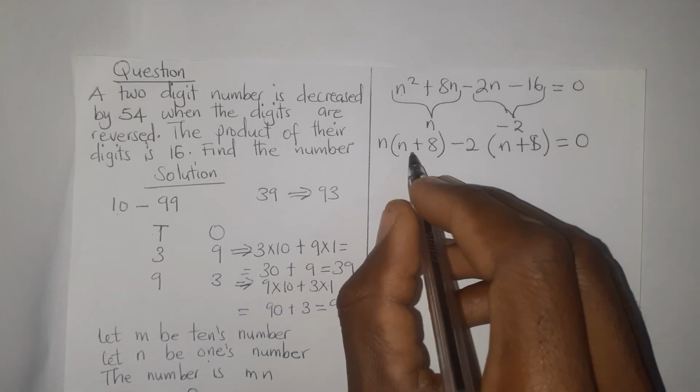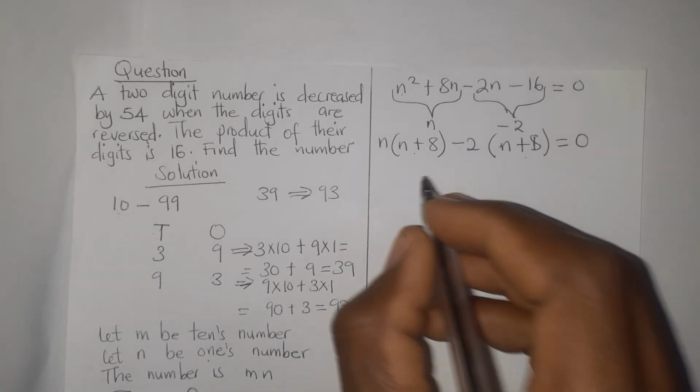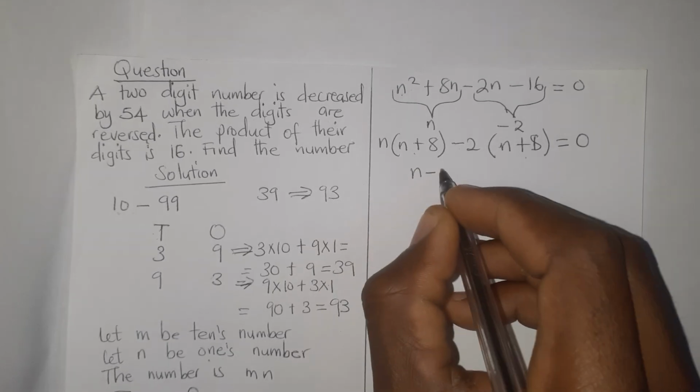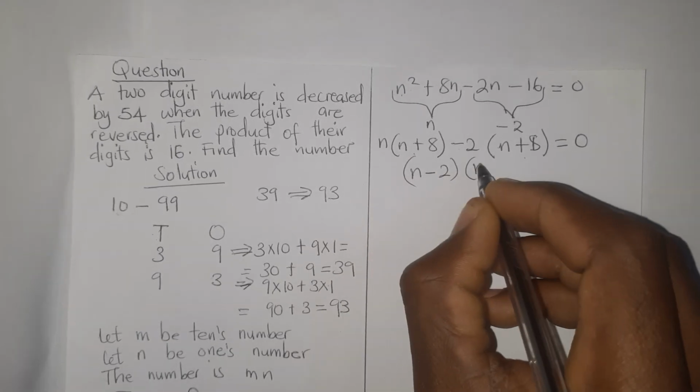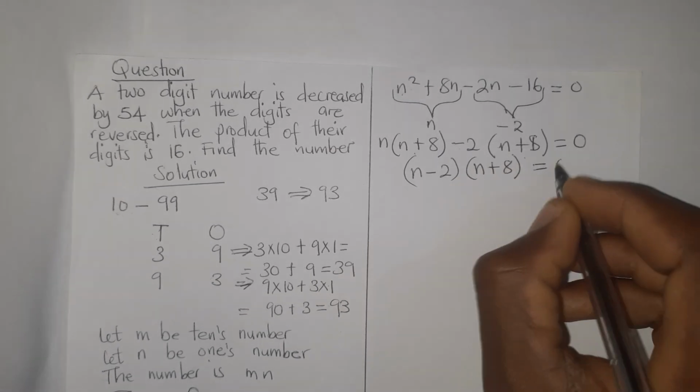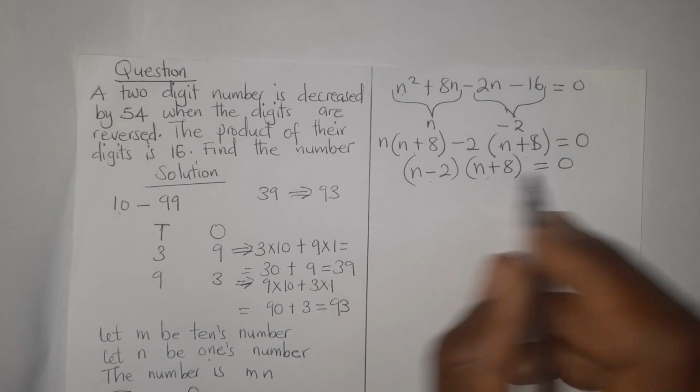Since this bracket and this bracket are the same, we take the factors that are outside and put them into one bracket. This times this is equal to 0.